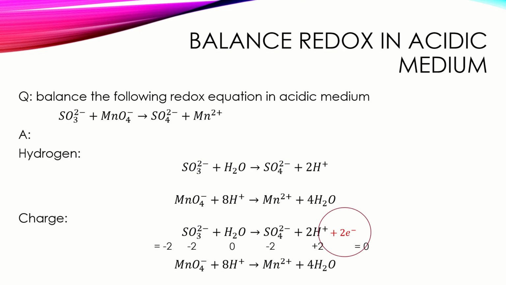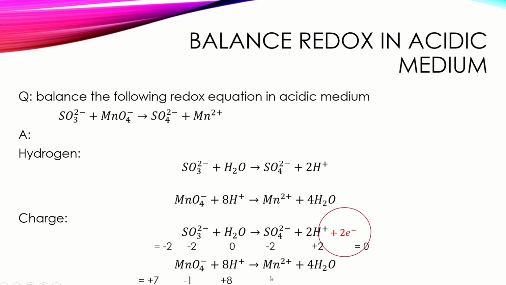Next is MnO4 minus plus 8H plus produce Mn2 plus plus 4H2O. MnO4 minus, the charge is negative 1, 8H plus positive 8. So the total charge on the left side is equal to positive 7.